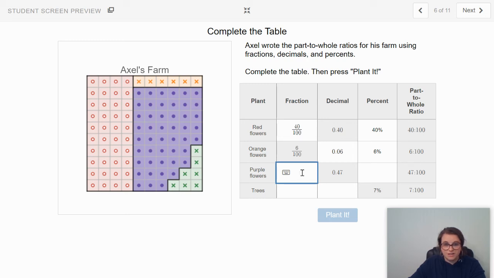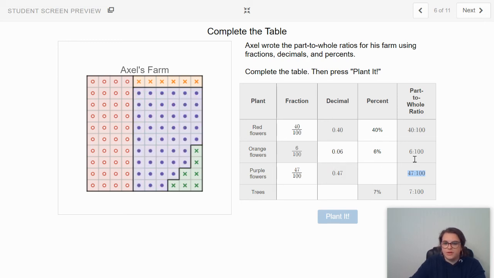All right, did you challenge yourself? Did you find the answers? Let's see if you're right. For the purple flowers, it tells us over here that there are 47 purple flowers compared to 100 in all, or the whole. So we just have to write 47 over 100. For the decimal point, these are 4 tens again.